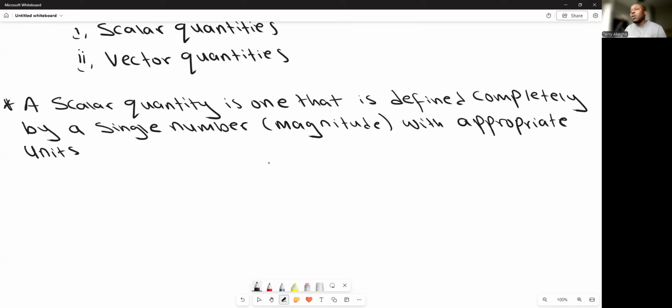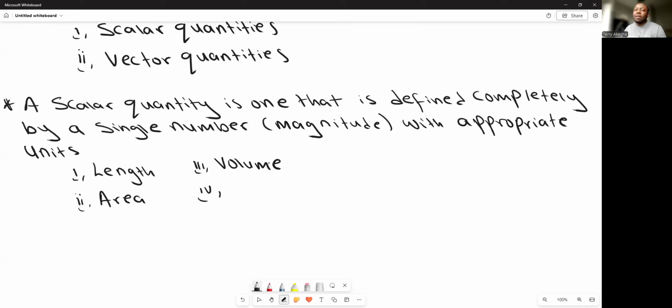Okay? So the first one, you can have length. Types of scalar quantity, we have length. The other one, you can talk about area. Area is also a scalar quantity. And you can have volume, in cm cube, dm cube; length in meters, kilometers; area in meters squared.